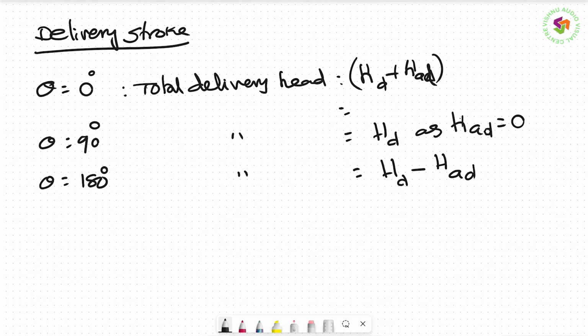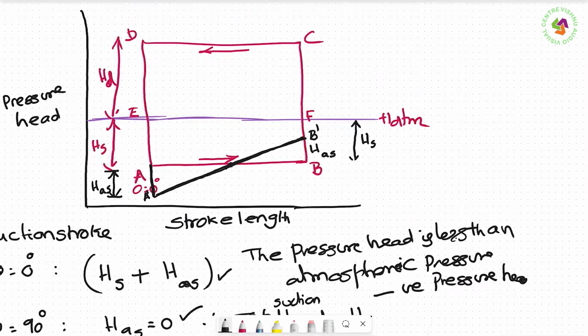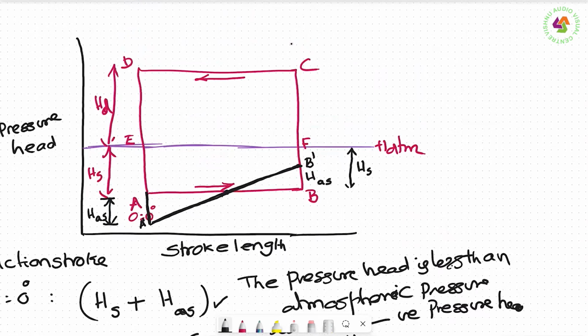Right? So finally, if I put the same thing here in the graph, just see, at the beginning it is addition, at the end it is drop, and in the middle it is 0.